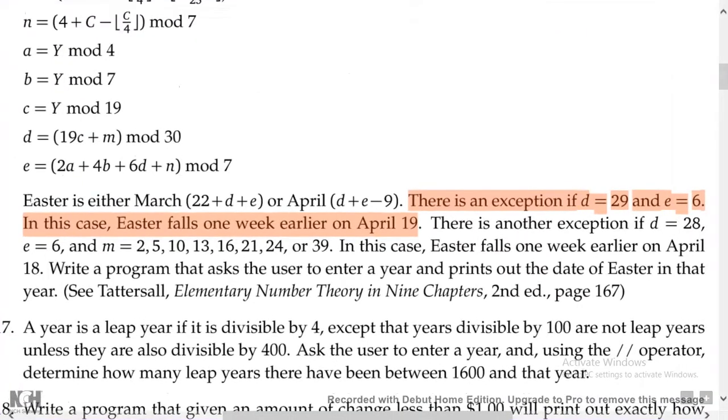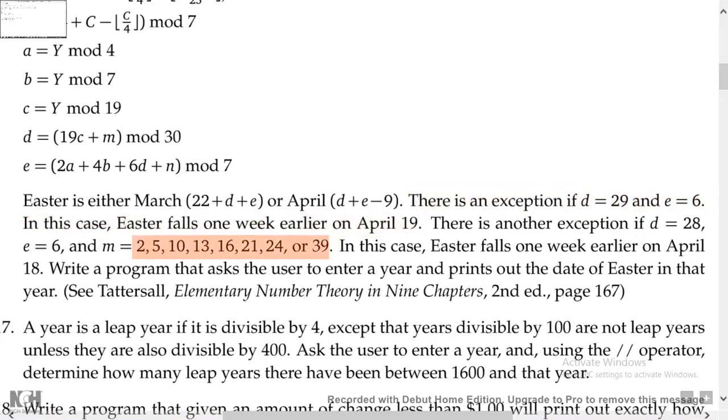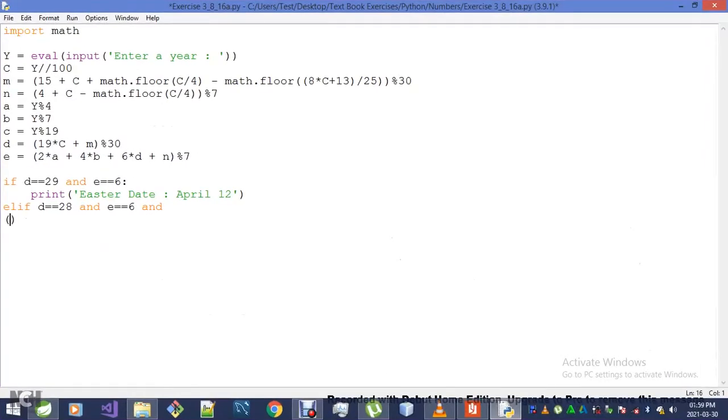There is another exception. If D equals 28, E equals 6, and M is one of these right here, in this case, Easter falls 1 week earlier, on April 18, okay?